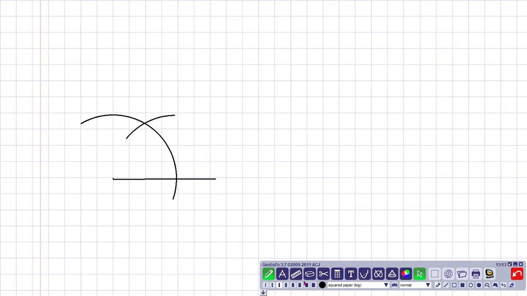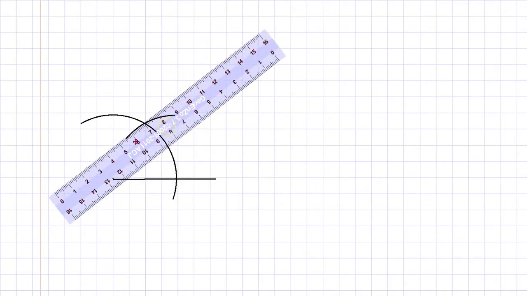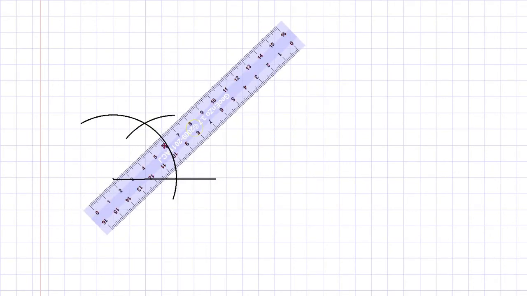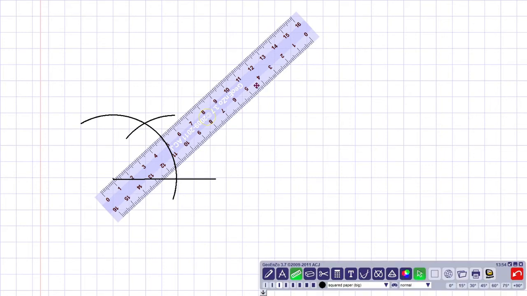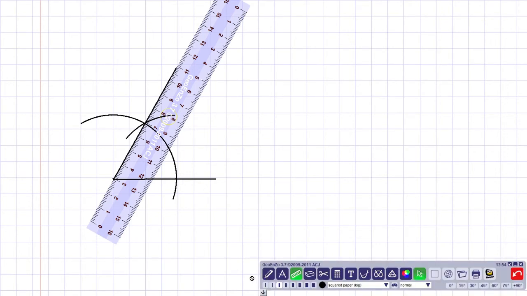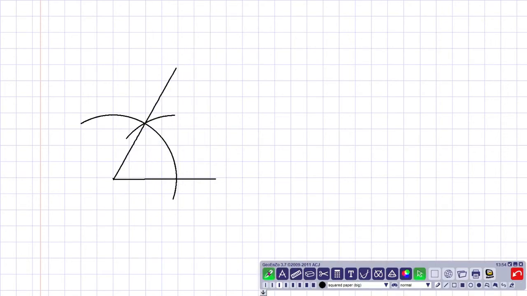Now take the ruler and join this point and this point. This angle is 60 degrees.